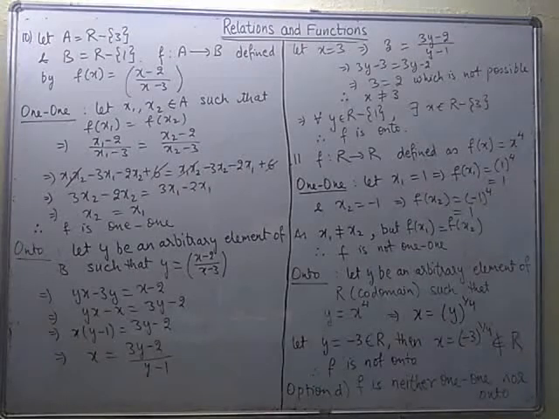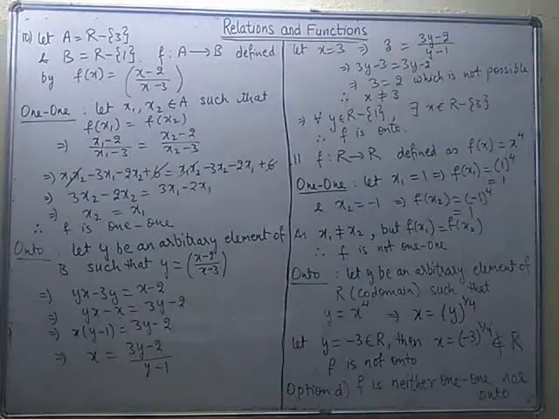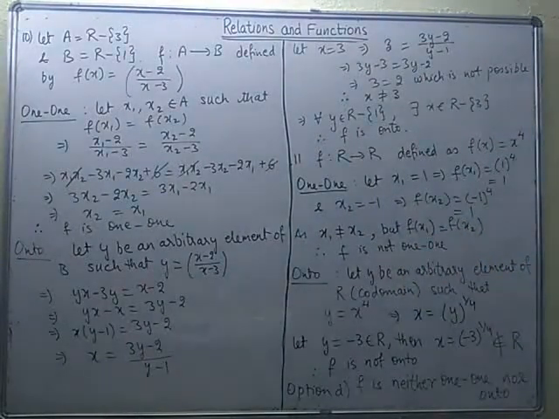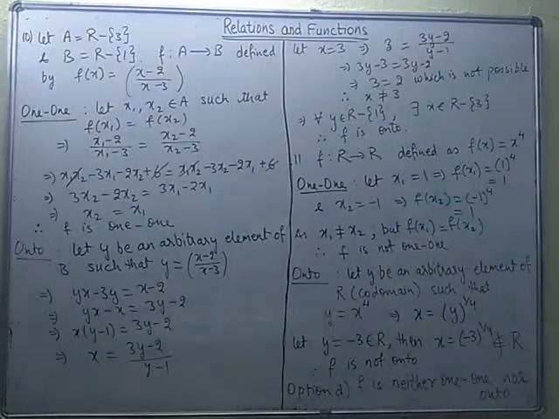If you see, the exponent is an even number, and domain and codomain both are containing all real numbers. So we are going to have positive real numbers, negative real numbers, 0, everything. Because the exponent is even, even the higher negative numbers to the power 4 will come out to be a positive number. So that will quickly give you an idea that we can justify it is not one-one by taking some example. Like I have replaced x1 by 1 and x2 by minus 1.